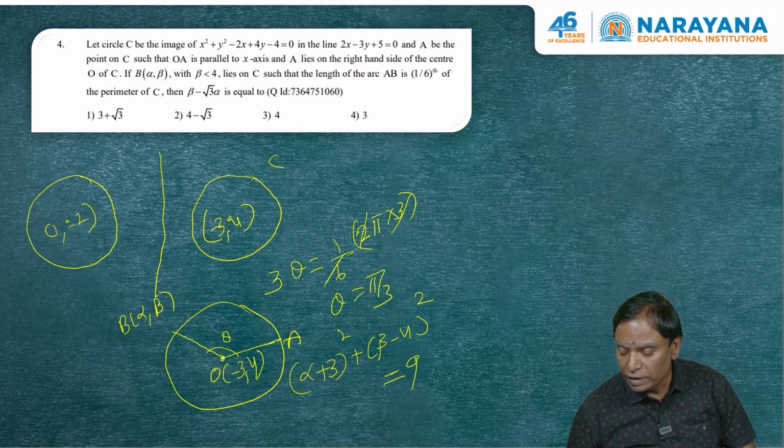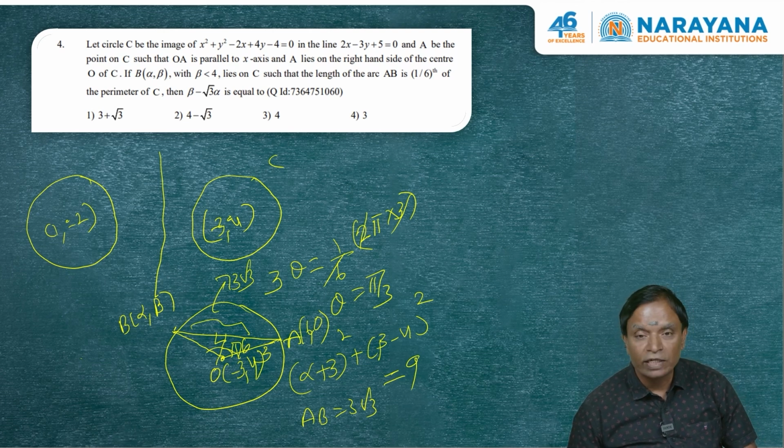Now since you know theta is pi by 3, you can join AB from the center and drop the perpendicular to this. This will be pi by 6. This is 3. The length of chord AB will be nothing but 3 root 3. You got one more relation, which is AB is equal to 3 root 3. Your angle A is nothing but 60.